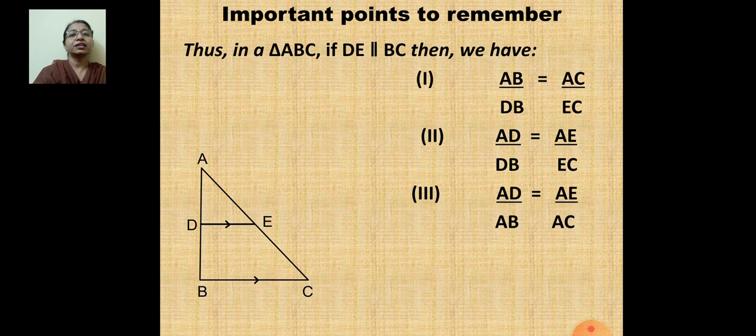Here are the ratios. AB upon DB is equal to AC upon EC. Then AD upon DB is equal to AE upon EC. And the third combination is AD upon AB is equal to AE upon AC. So these three combinations, according to the requirement, you can choose.